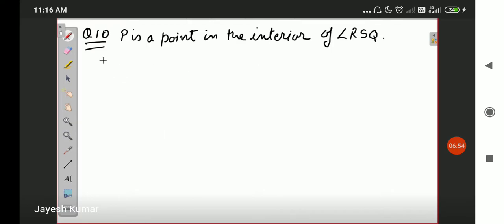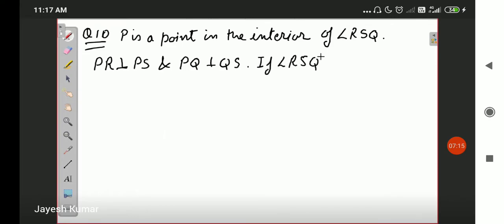PR is perpendicular to PS and PQ is perpendicular to QS. If angle RSQ is 29 degrees, find the measure of angle RPQ.